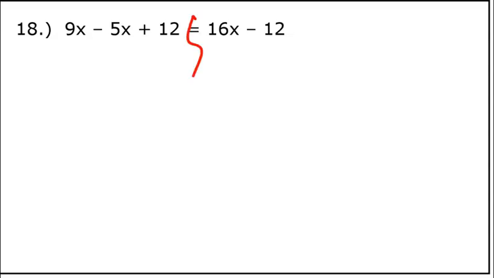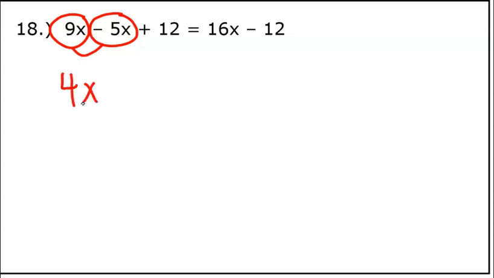For the next example, you'll notice that my left-hand side has 3 terms. The most you're allowed to have is 2. So that means that I can combine these terms, not use an inverse operation. When I combine 9x and minus 5x, I get 4x. And I'm subtracting because that's what it says in front of the 5.